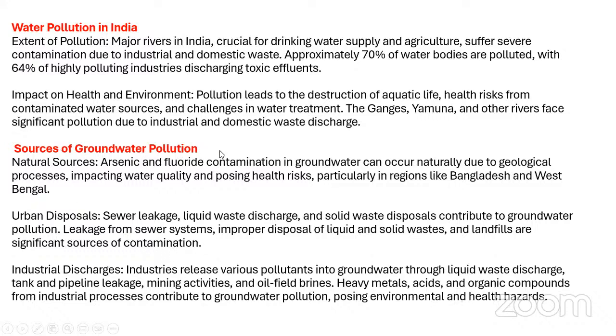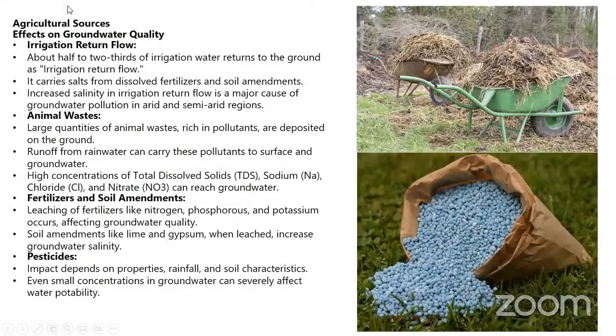See, when we talk about the sources of groundwater pollution, we should remember natural, urban, and industrial sources, the different types of pollution sources coming from these categories. And finally, agriculture sources we have to consider when we talk about groundwater quality.